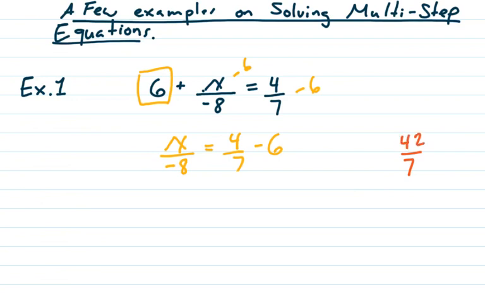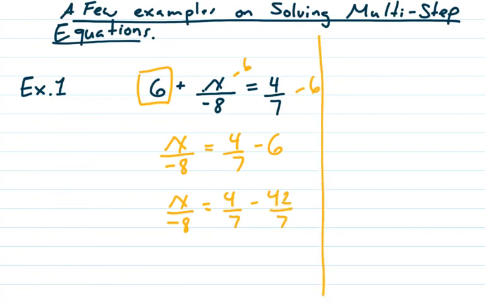So 42 over 7 is the number 6. So I'm going to rewrite this. Now, I'm going to combine like terms. So I'm going to get a negative 38 over 7.